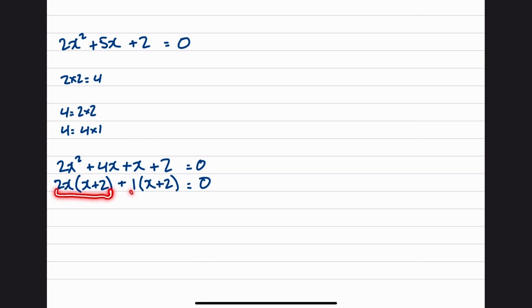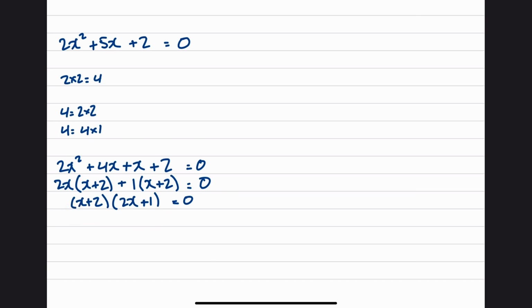Now this is one single term and this is one single term, and what these two have in common is the bracket x plus 2. So we can factor out x plus 2, and what we're left with inside the bracket will be 2x plus 1 equals 0.